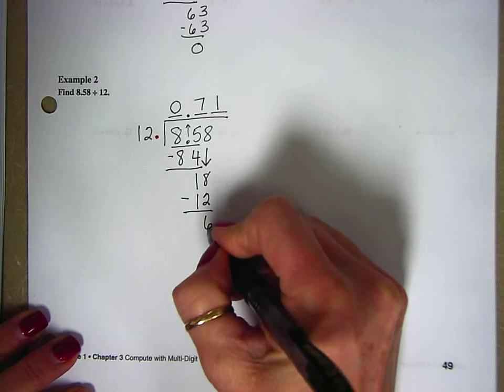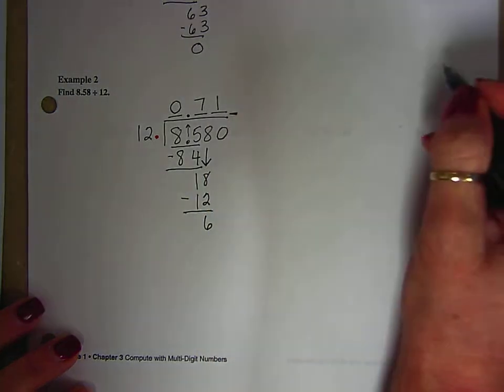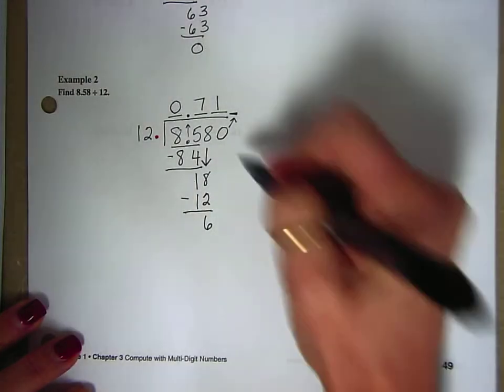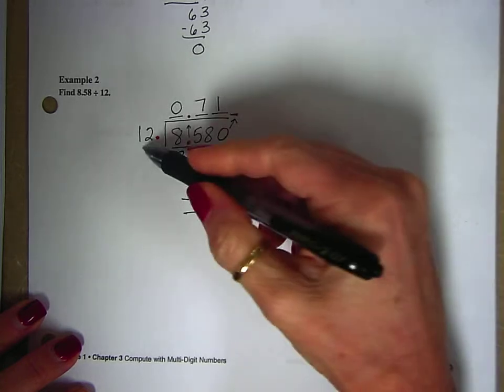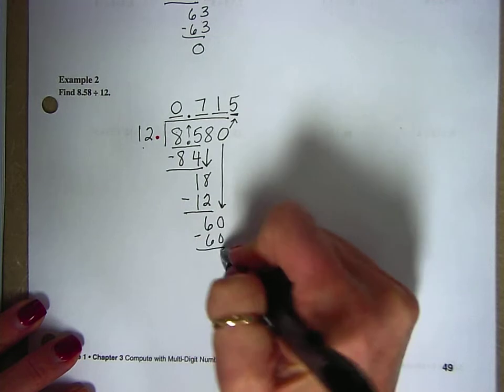Subtract. Go ahead and add a 0 onto that. And actually, I'm sorry, I'm getting a little bit messy myself. That goes with that right there. Bring it down. 12 goes into 60 5 times, and you're done.